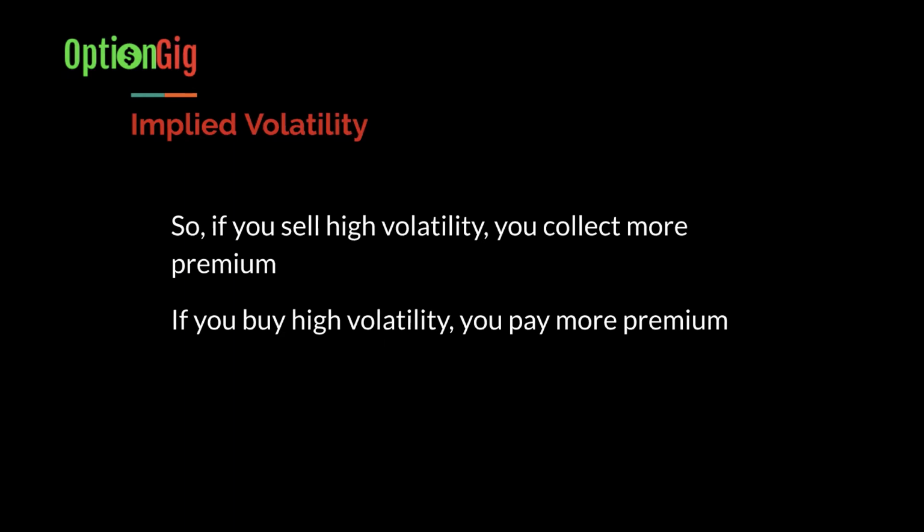Because near March 23rd, the volatility was so high that there was a lot more premium available. So if you buy an option at that time, you're paying a lot more premium than if you buy right now. Or if you sell options in a high volatile environment, you get a lot more premium than when you sell in a low volatility environment.